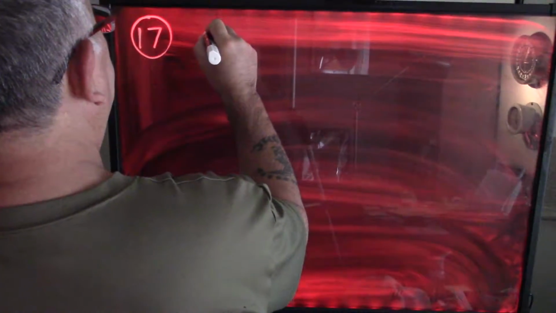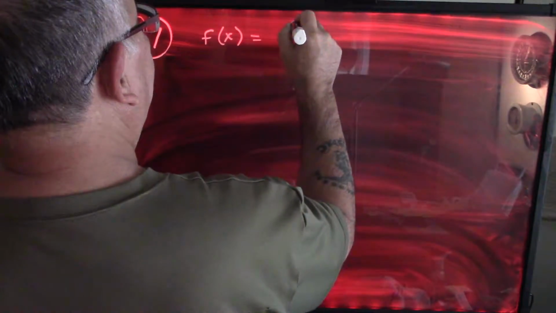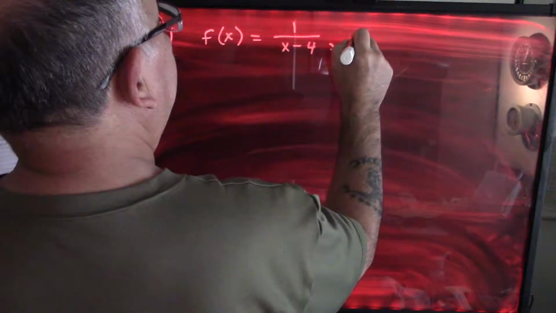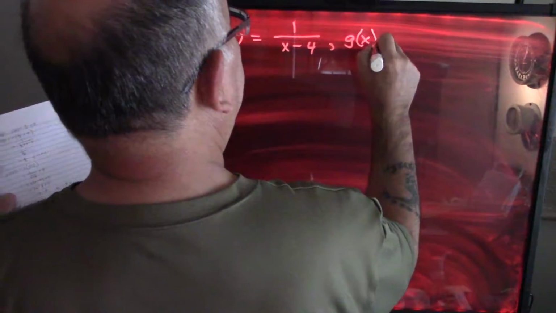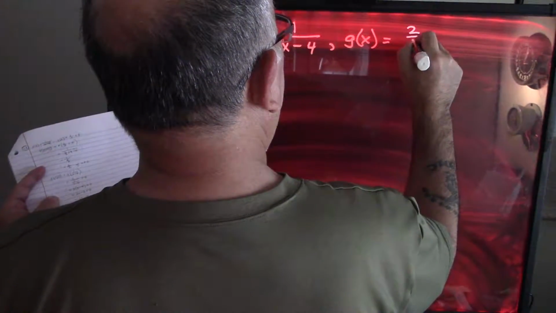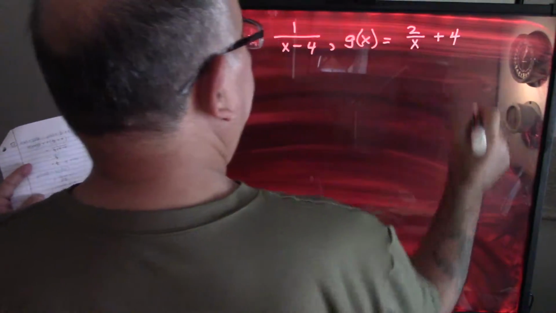Number 17. We have f of x is 1 over x minus 4, and g of x is 2 over x plus 4. G of x is 2 over x, and then the plus 4 is not in the denominator.